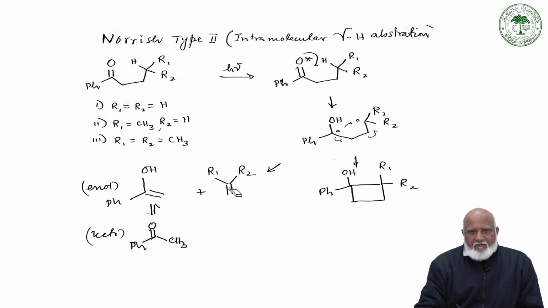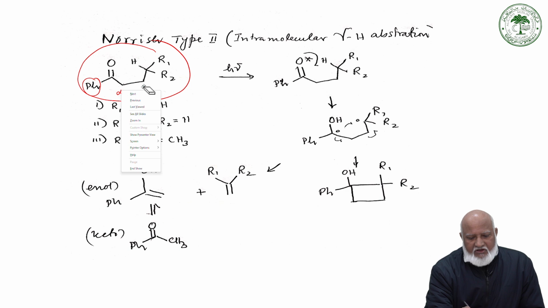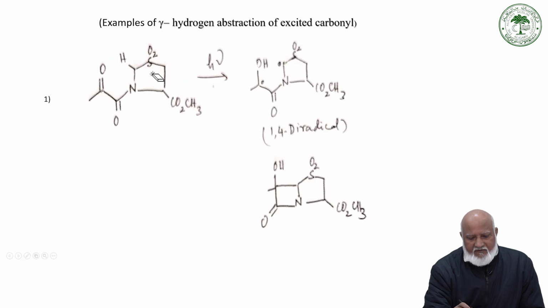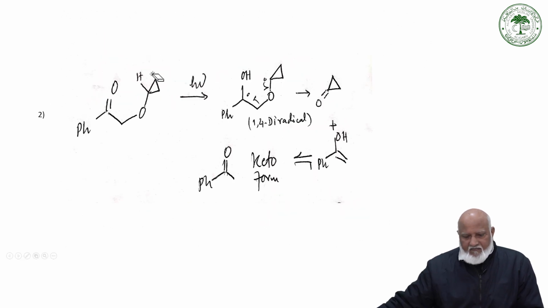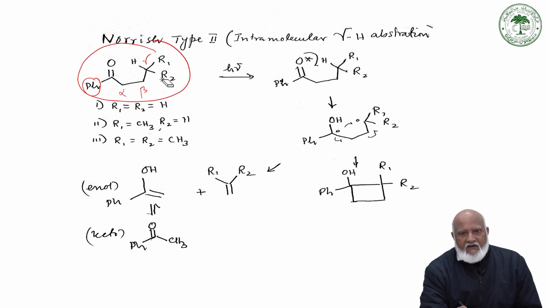So this is an example where you have a carbonyl compound. There is a phenyl group attached to the carbonyl, and the other part of the carbonyl is connected to CH2, the alpha carbon, CH2, the beta carbon, and then the gamma carbon. And then this gamma carbon has R1 and R2.